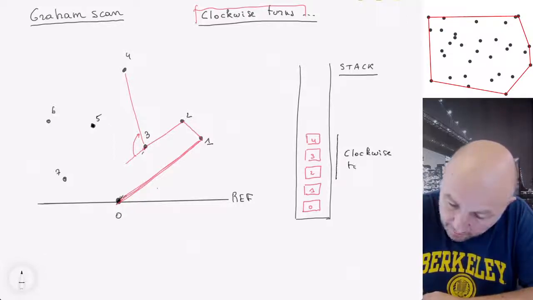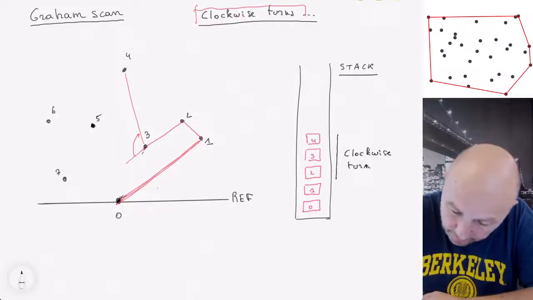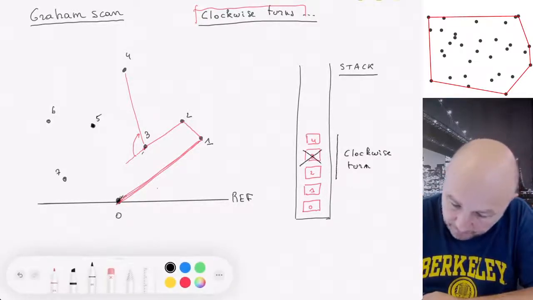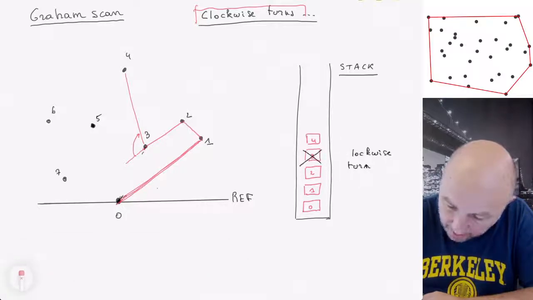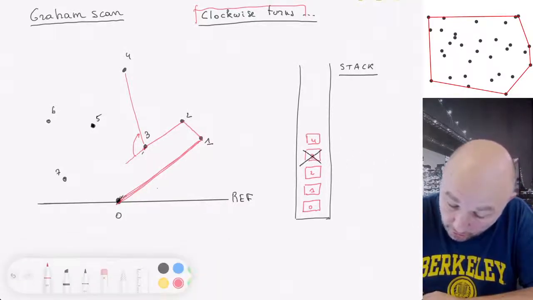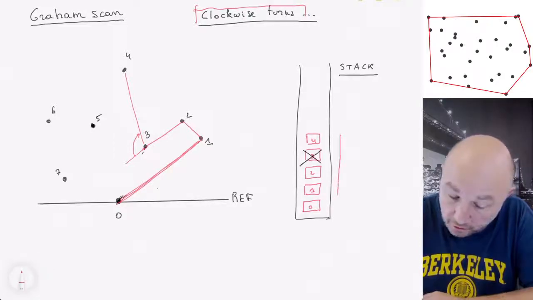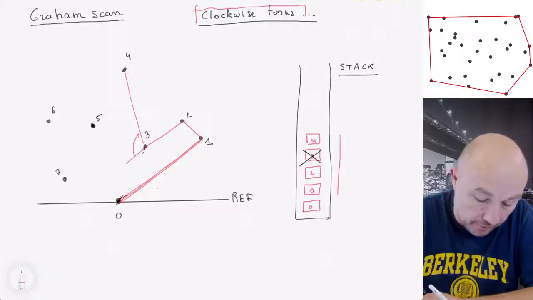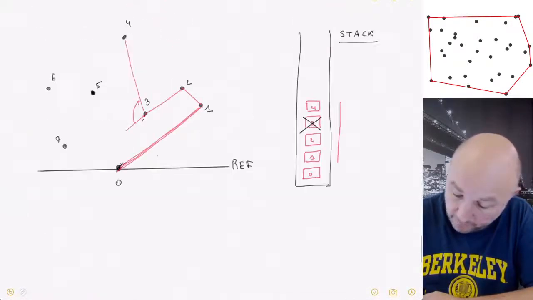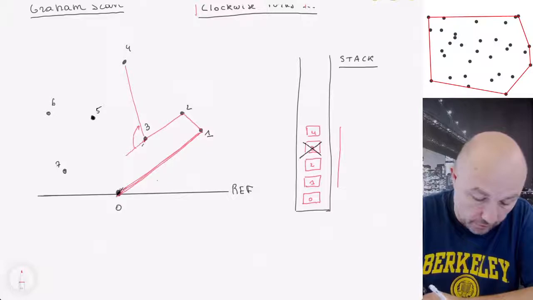So what do I do? I remove the middle one. And I'm going to check now if 4, 2, 1 do a clockwise turn. Let's look. Okay, 4, 2, 1 do a clockwise turn.